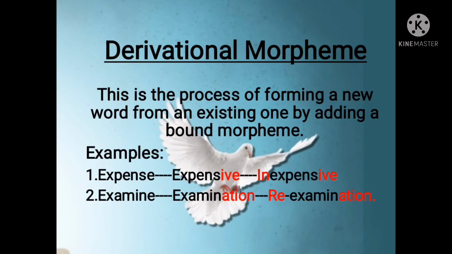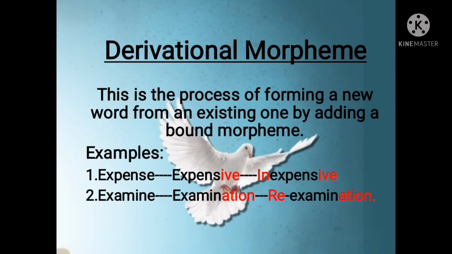I gave examples of bound morphemes, right? Es, s, ed, un, less. Do you understand? So they are saying a derivational morpheme is the process of what? Forming a new word from an existing one by adding a bound morpheme.